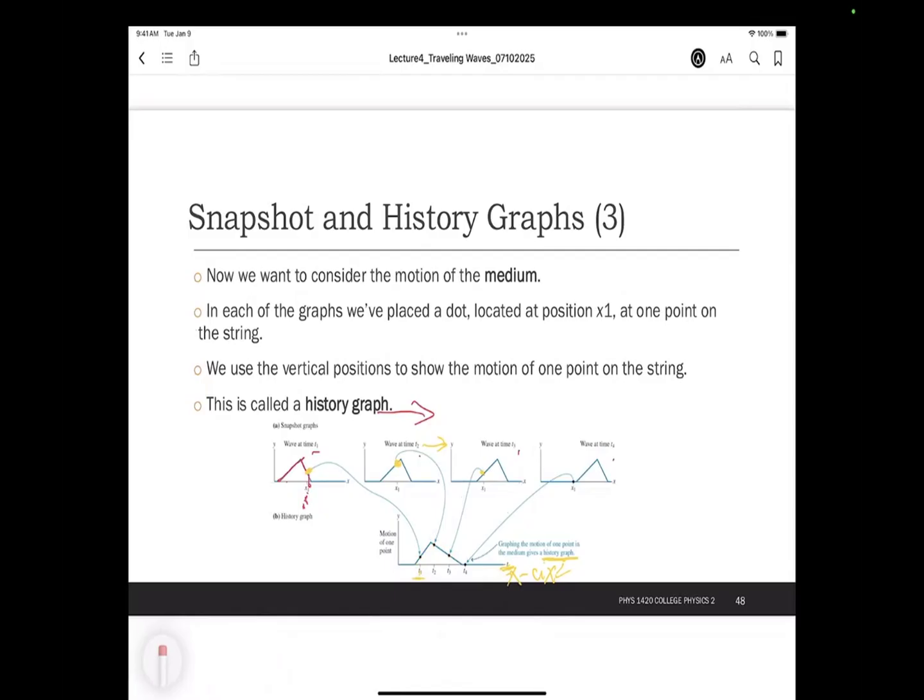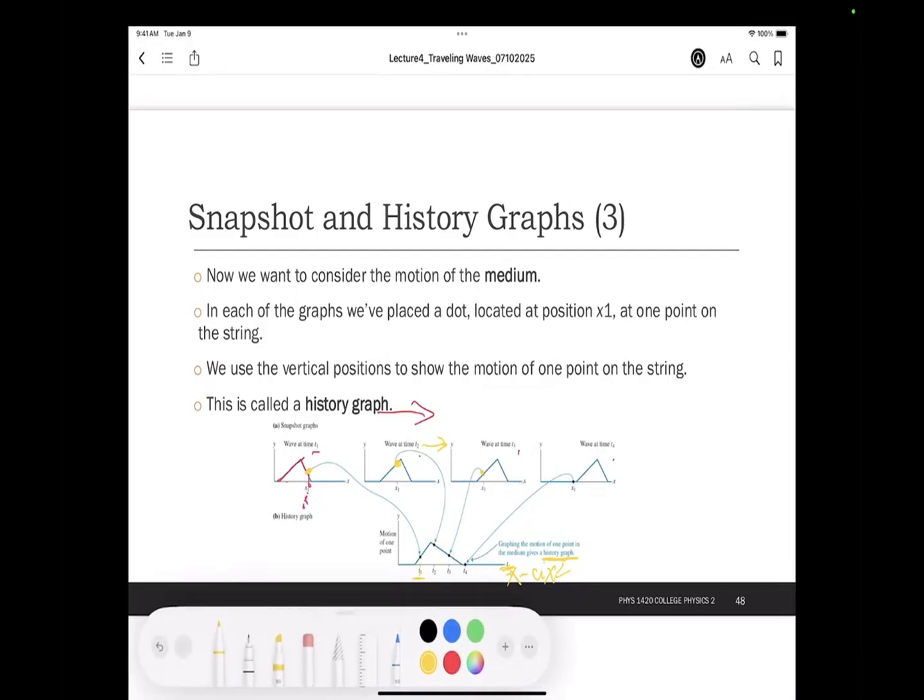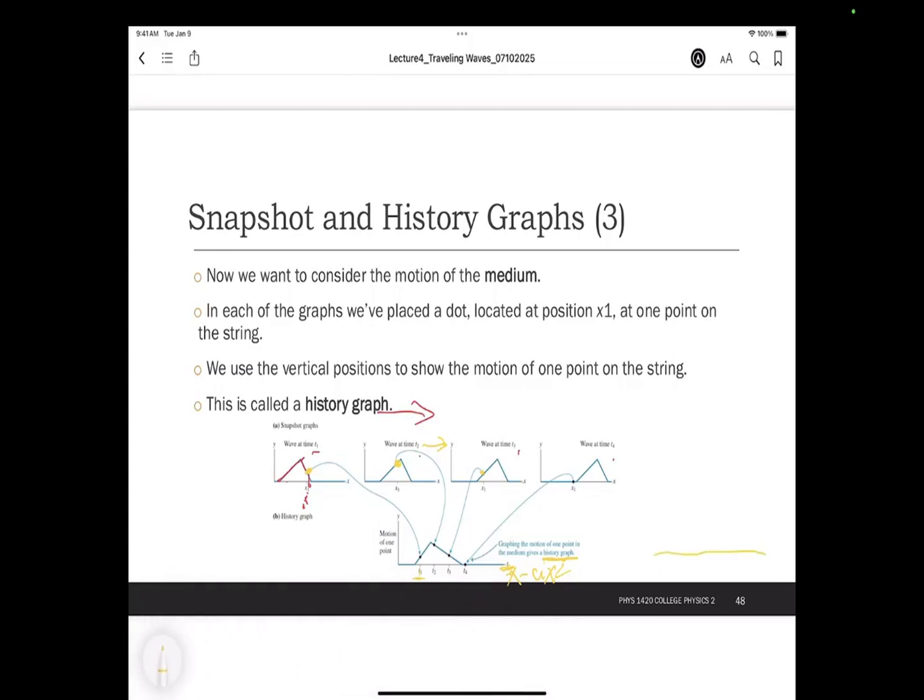Let me try to draw it by myself. Here is the time T, and here is displacement. At T1, the displacement is equal to this one.